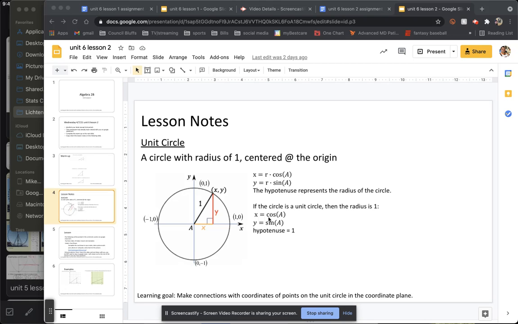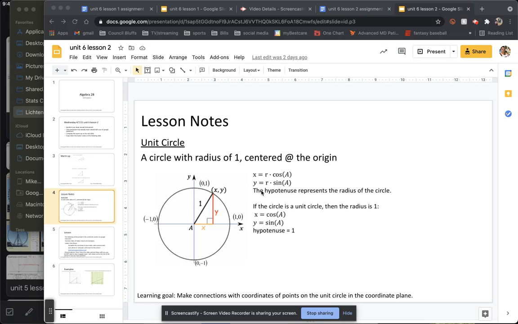So x will always go with cosine, y goes with sine. That's going to be a big thing in this unit. If I have a unit circle and I know its radius is 1, any x value of a point on the circle is going to be the same as the cosine of its angle, and any y value of a point on the circle is going to be the same as the sine of its angle.